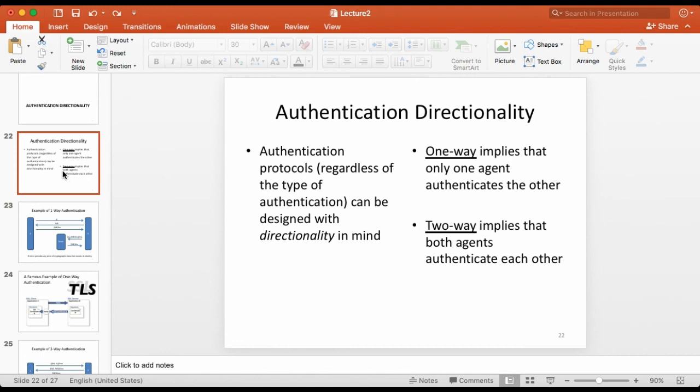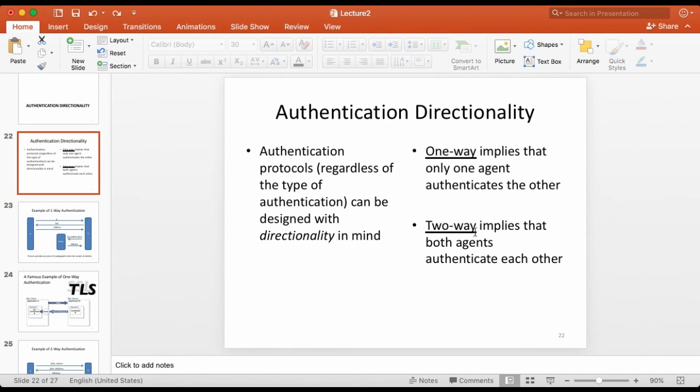In general, authentication protocols can be split naturally into two classes. One is what we call one-way authentication, which means that one of the entities participating will end up knowing something about the other entity, but not the other way around.